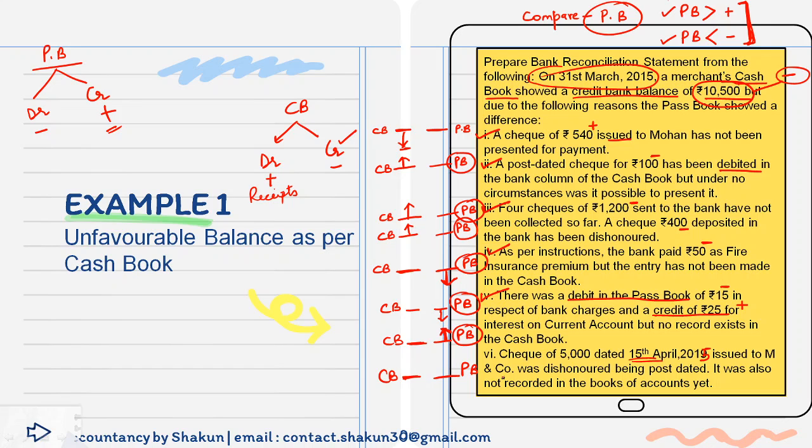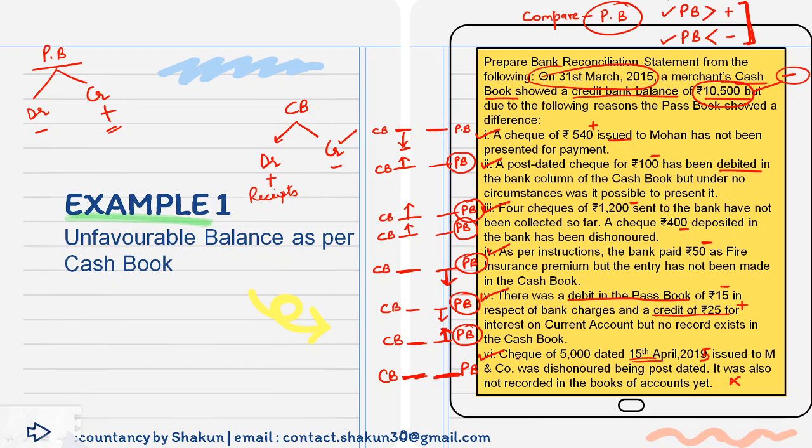Error occurs when one transaction is recorded at one place and not recorded at the other place. So here, since the check got dishonored, the passbook did not change. And the same transaction was not recorded in the cash book, so the cash book also did not change. So we are not going to record this transaction in the bank reconciliation statement.